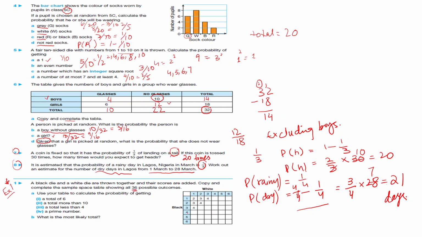This die has 6 chances, or 6 options, or 6 possibilities, and the white die also has 6 possibilities.